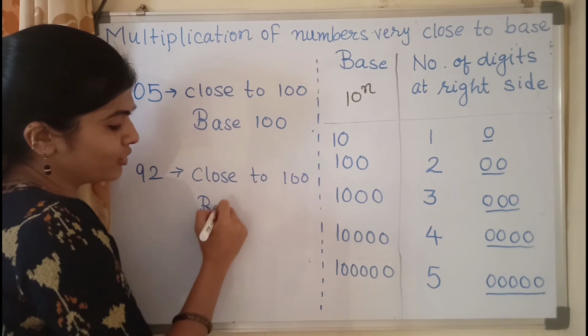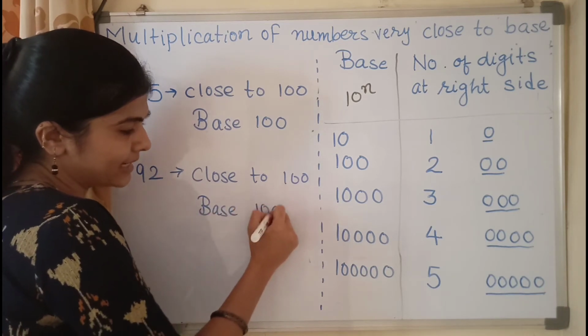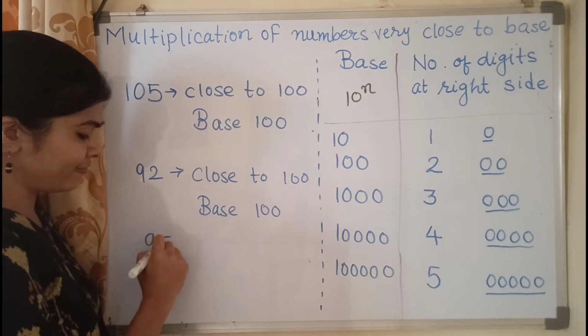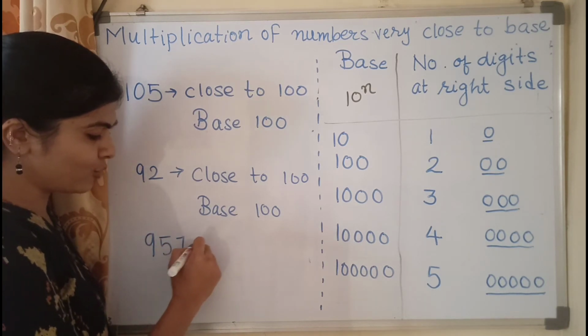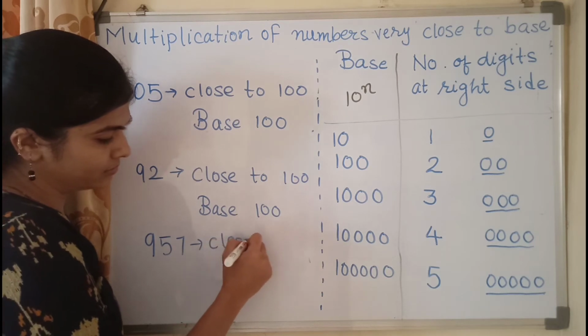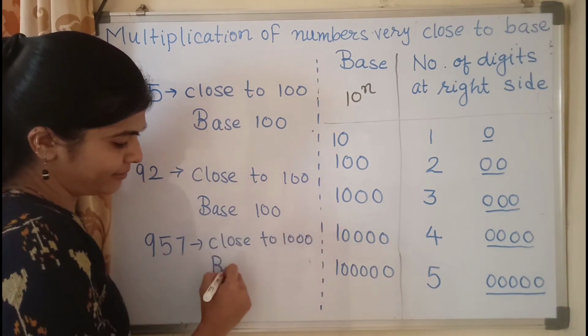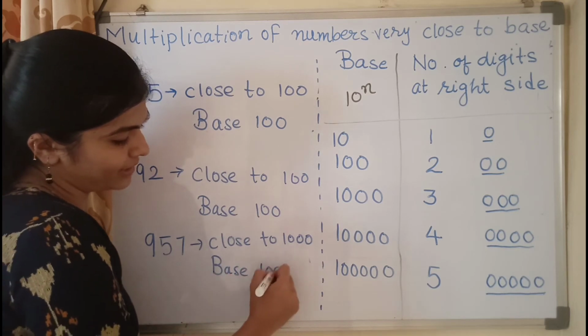So here also the base is 100. If I say 957, this is close to 1000. So you can say that the base would be 1000.